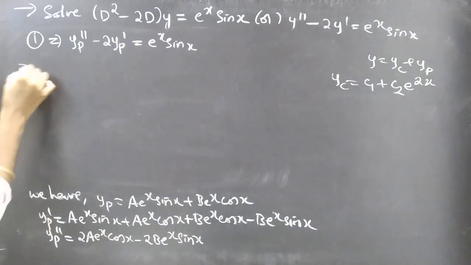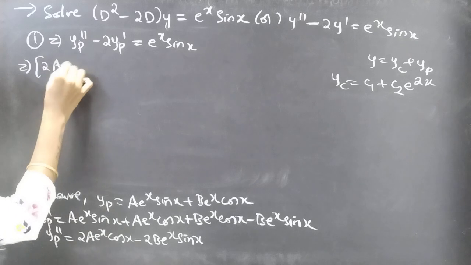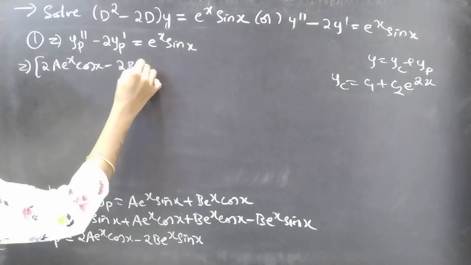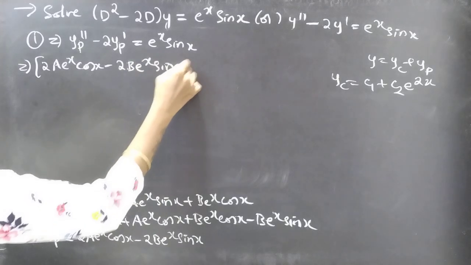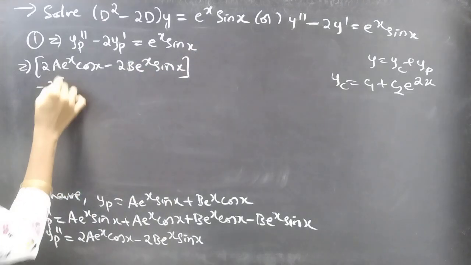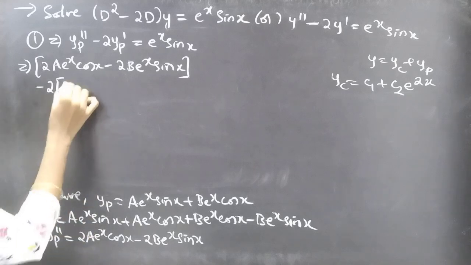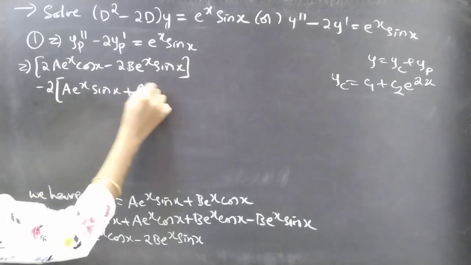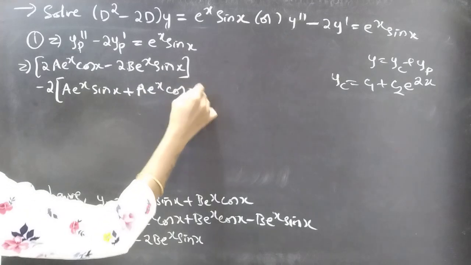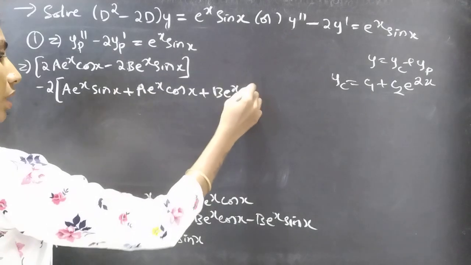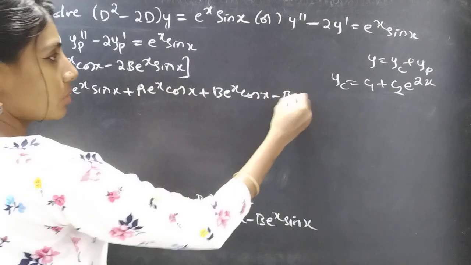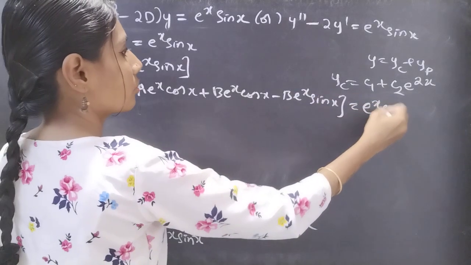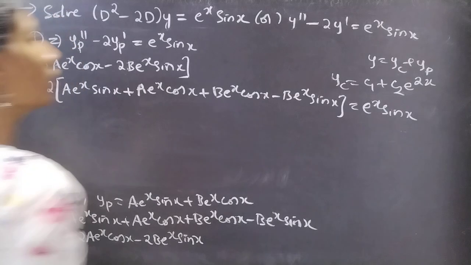We'll get 2a e power x cos x minus 2b e power x sin x minus 2 times yp dash, that is a e power x sin x plus a e power x cos x plus b e power x cos x minus b e power x sin x equal to RHS part e power x sin x, right?